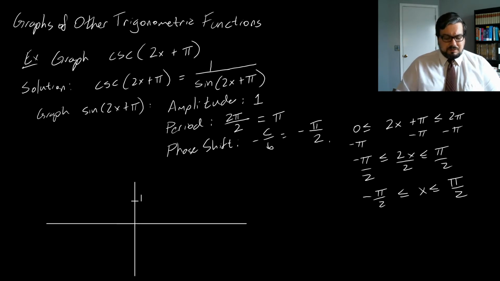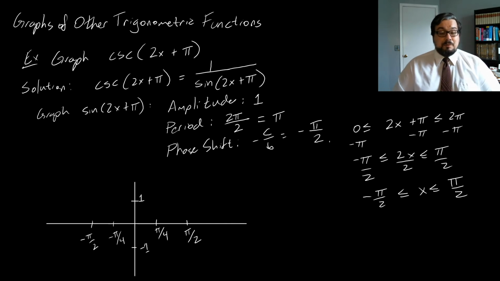We have an amplitude of 1, so we're going to go up to 1 and down to -1. And a single period of sine goes from -pi/2 to pi/2. And of course, we want to make sure that interval gets split up into 4 pieces. So we get -pi/4, 0, and pi/4 as important points.